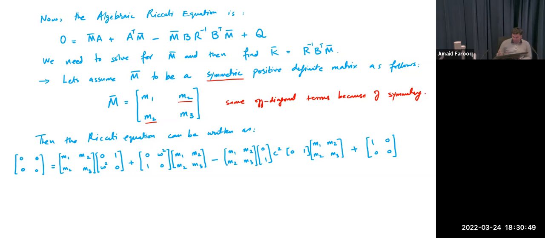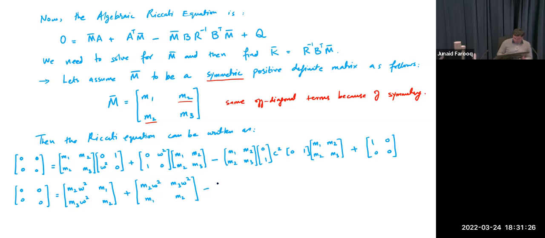Now, the first thing is to simplify this. If you try to multiply things, here what you get is M2 omega squared, and then M1, M3 omega squared, M2, plus, if we simplify this, M2 omega squared, M3 omega squared, M1, M2, minus... I can simplify it quickly for you, or you can do it step by step.